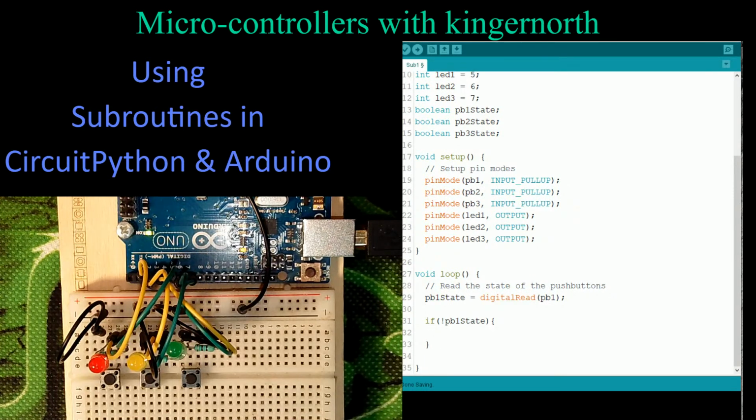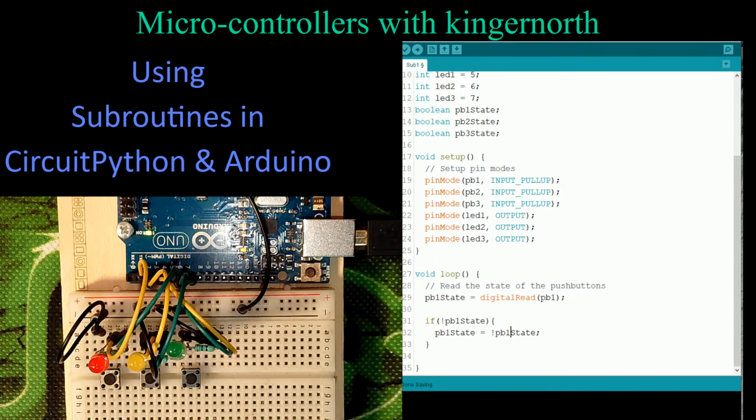So I'm going to say PB1 state is equal to not PB1 state. So what I'm doing is I'm just telling it change to the opposite, flip. So if it comes in, what I did is I changed PB1 state.